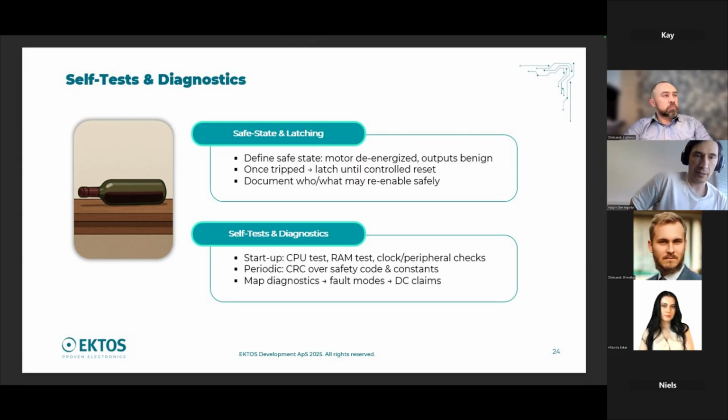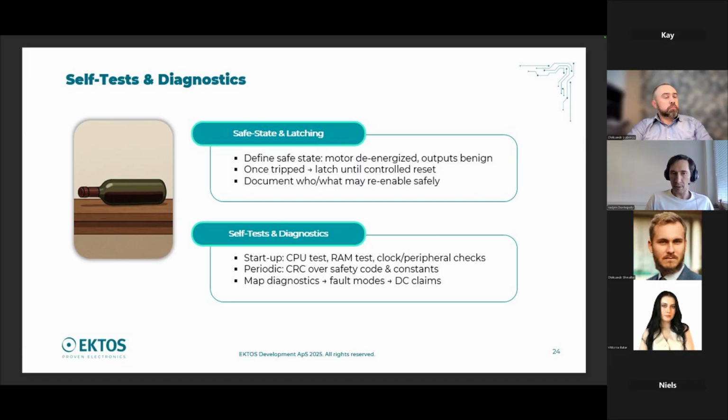Self-test and diagnostics is something you have to think over: how to introduce it, how to do it. We recommend defining the safe state. If you control a motor, it should be de-energized, no output power. If we're talking about a valve, you have to define what the safe state is for the valve: opened or closed. And if diagnostics detects something, you have to provide this safe state.